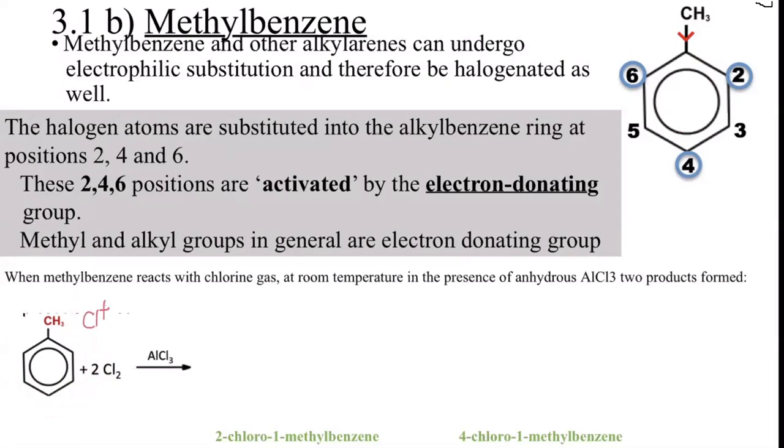Okay, so the benzene ring, the delocalized electron will attack the Cl plus electrophile, the same mechanism as your benzene ring, okay, but with the presence of a methyl group, only the position 2, 4, and 6 is activated.